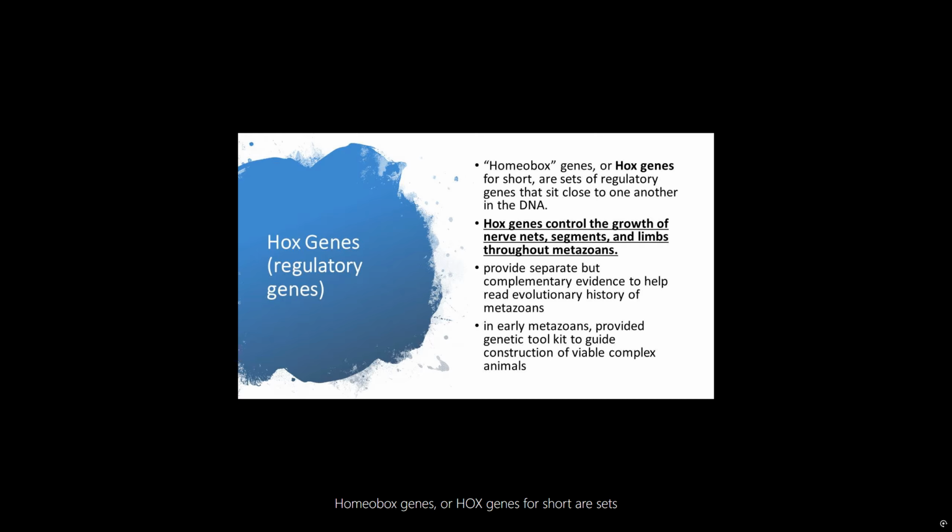Homeobox genes, or HOX genes for short, are sets of regulatory genes that sit close to one another in the DNA of metazoans. HOX genes control the growth of nerve nets, segments, and limbs throughout the metazoans. They provide separate but complementary evidence to help read the evolutionary history of metazoans, and in early metazoans provided a genetic toolkit to guide the construction of viable, complex animals.